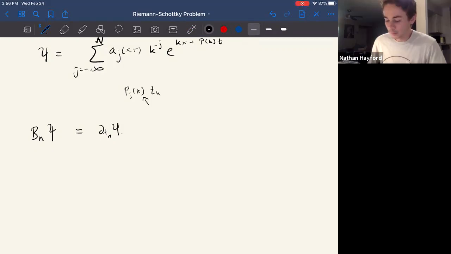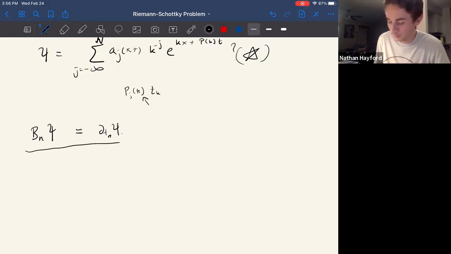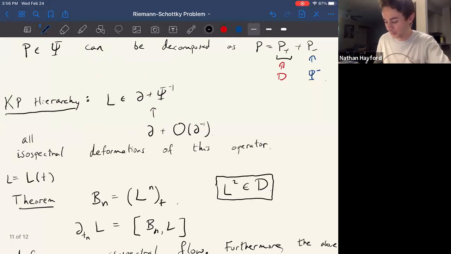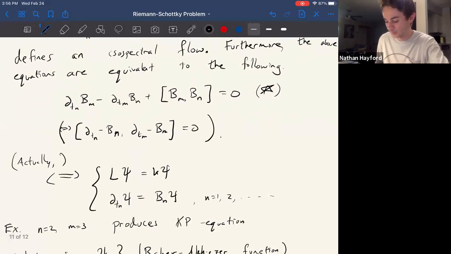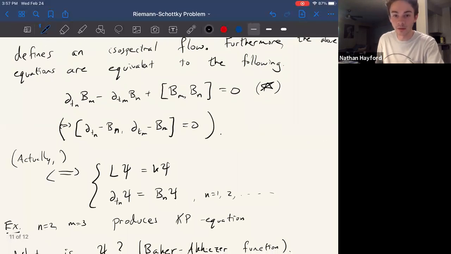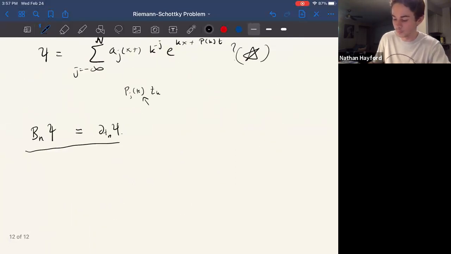The magic comes in actually justifying that there is such a function. So do such functions exist which satisfy this type of equation, and for which the system of equations is actually linearized on this Baker function? And the answer is yes, and it comes by requiring that the function itself lives on a Riemann surface.